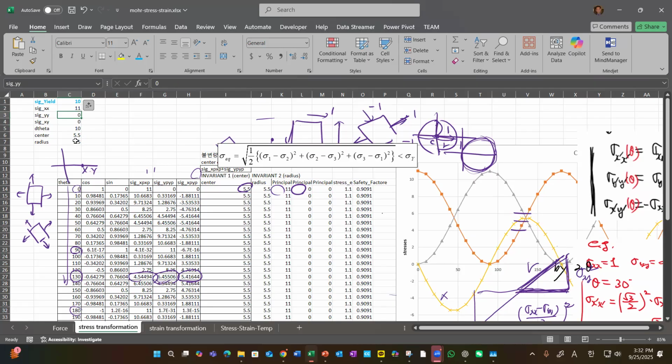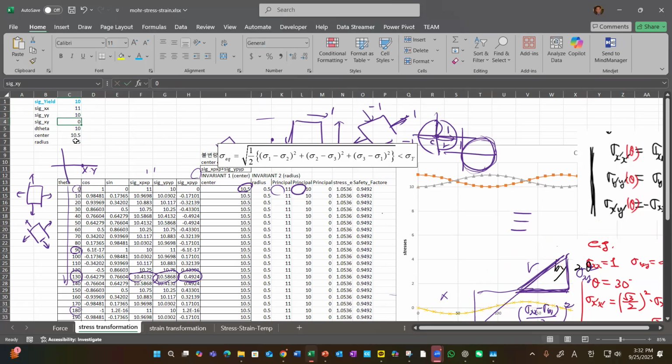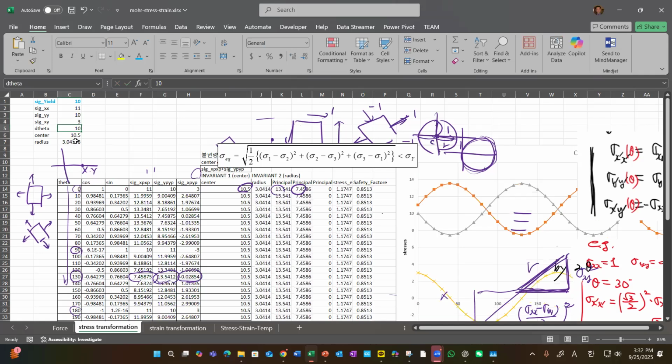But let's say we have another stress component. How can we change that? Well, you can see simply how they change that.